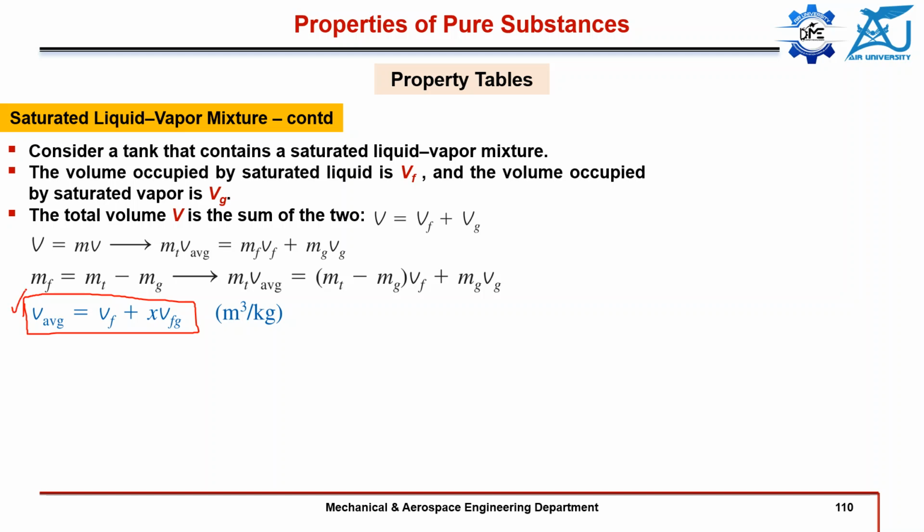So now what does this mean? This means for a given saturation temperature or pressure, if you know the vf, the quality of fluid, and vg minus vf, you can find out the value of the average volume.